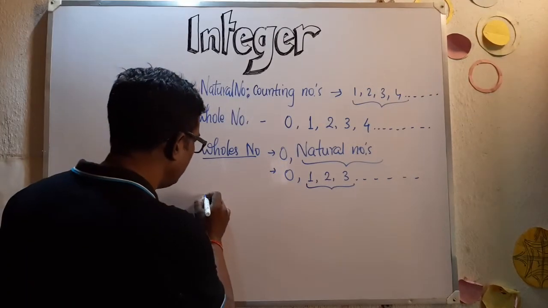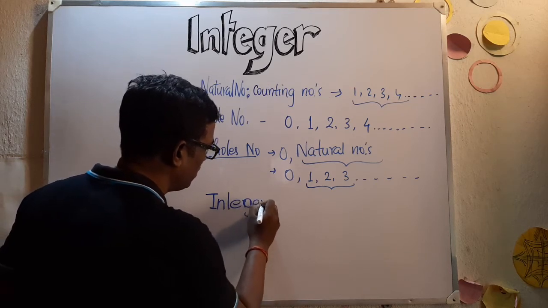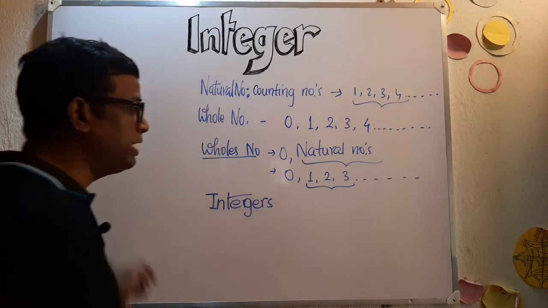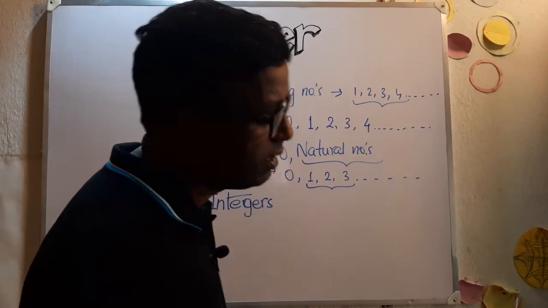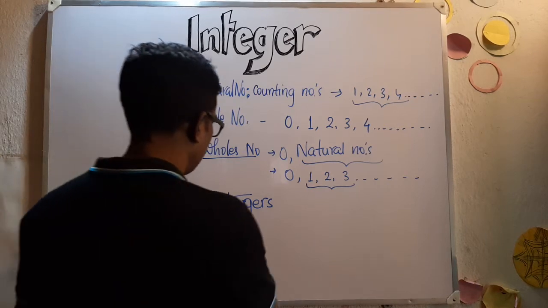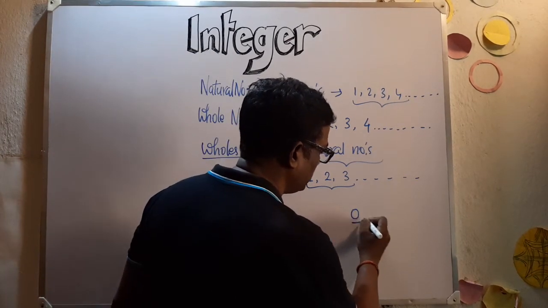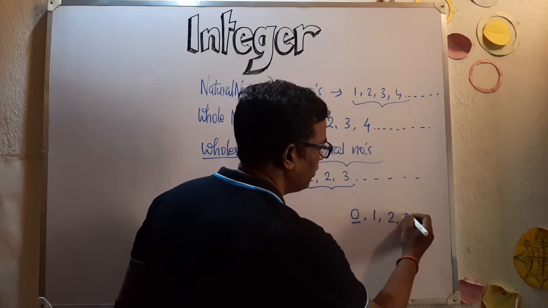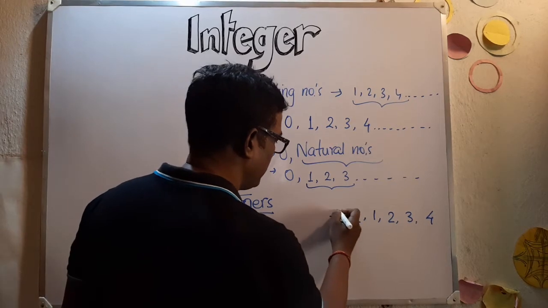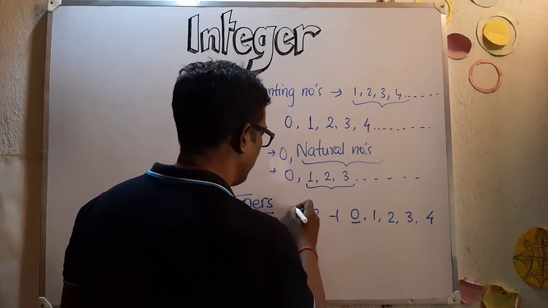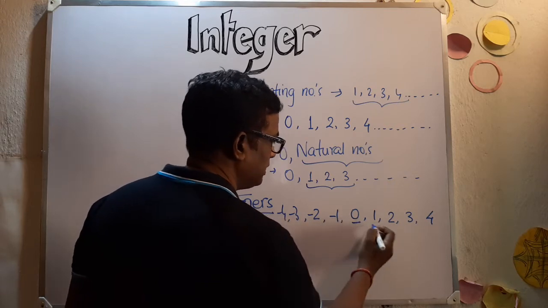And now integers are the counting numbers that include 0 as well as the negatives of the counting numbers. That means it includes 0, 1, 2, 3 and 4, and we take the negatives of them: minus 1, minus 2, minus 3, minus 4, and it goes on.